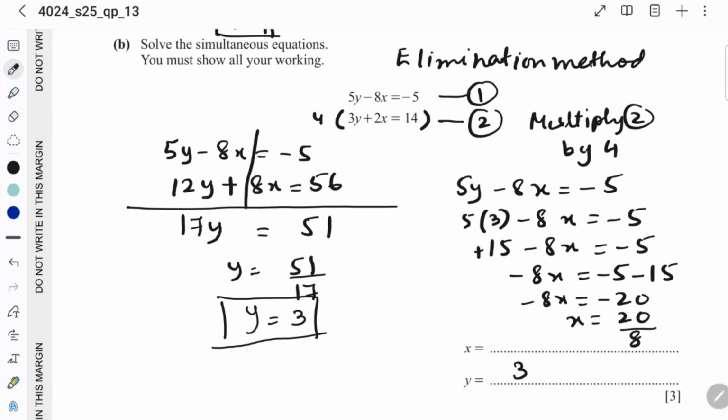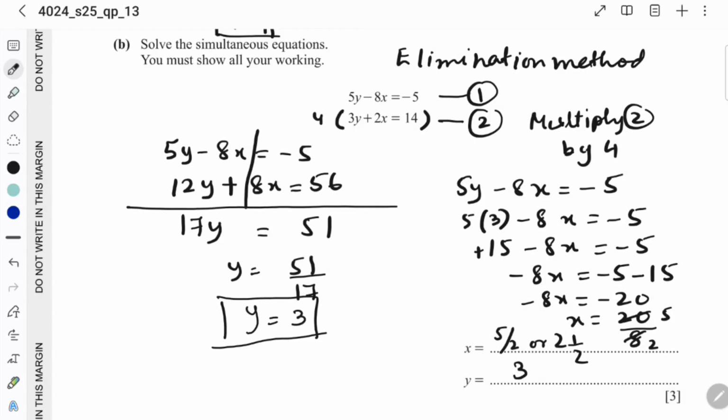Now you can take either the 2 times table or the 4 times table. If I'm taking the 4 times table, then 4 times 2 is 8, 4 times 5 is 20. 20 over 8 becomes 5 over 2, and 5 over 2 means 2 whole 1 over 2. Either you write down 5 over 2 or 2 whole 1 over 2 for the value of x.